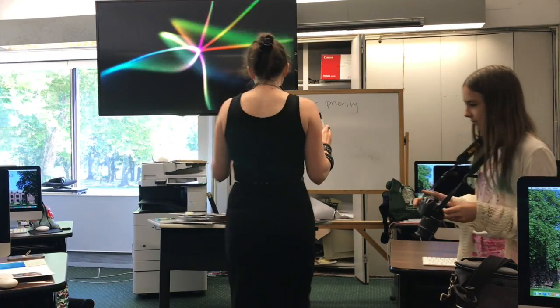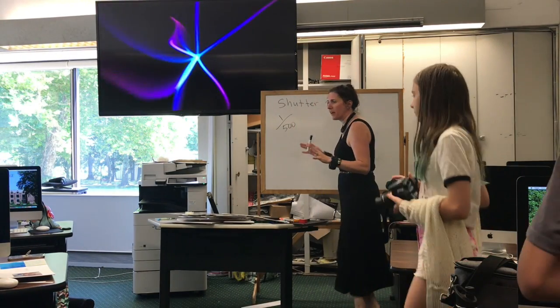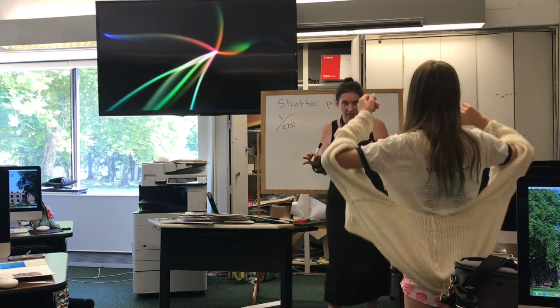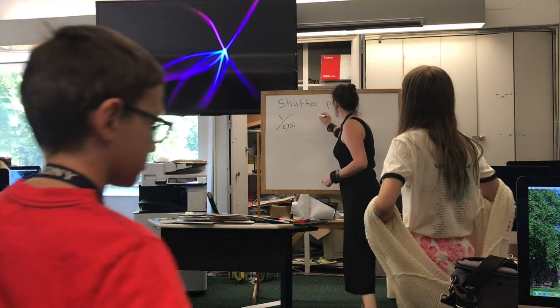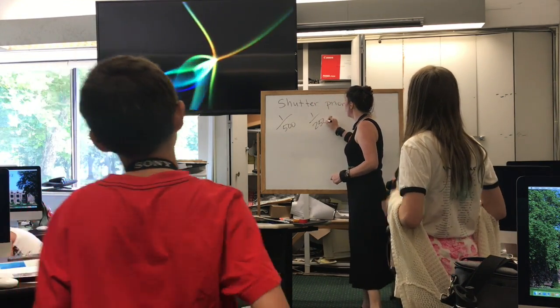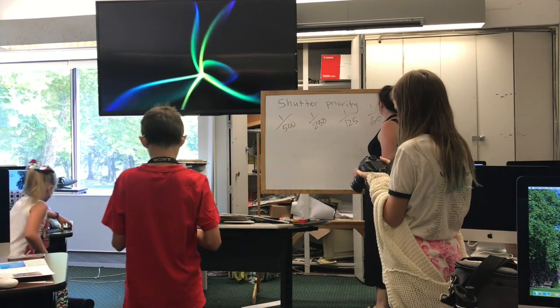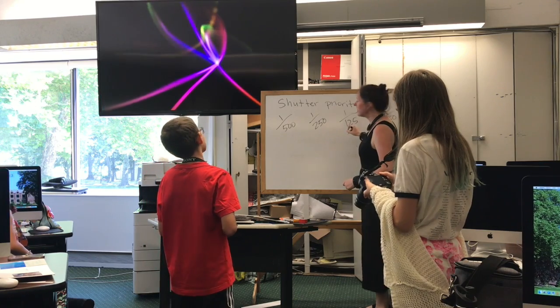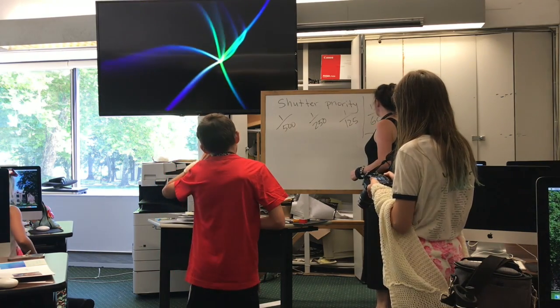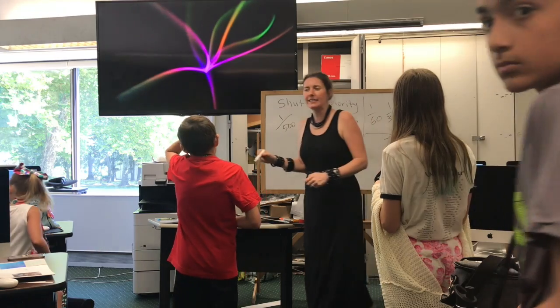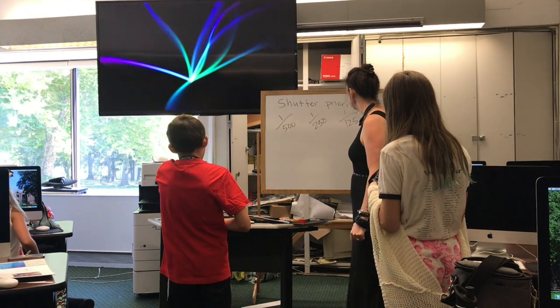So the basic rules of working with shutter priority that I want you to be aware of in terms of the numbers is, you know, this is kind of shutter speed.